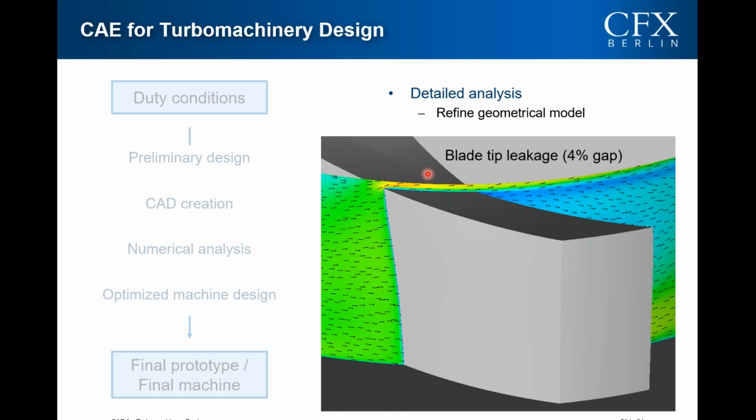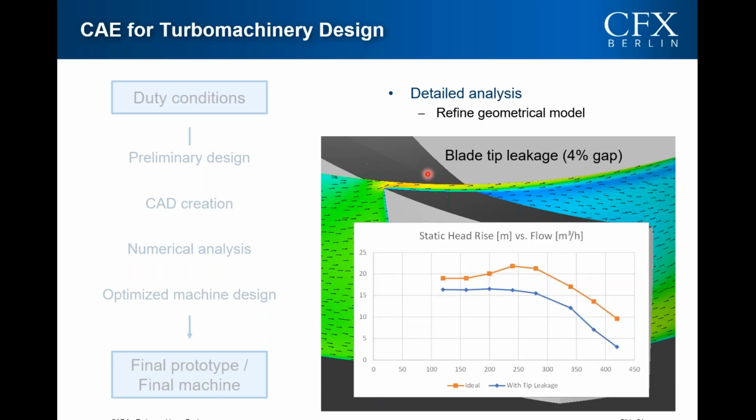To include this in our model, it is a simple mouse click in TurboGrid and roughly doubled calculation time. As expected, the blade tip has a big influence on the pump performance. So here a 4% gap reduces the static head by 25%.